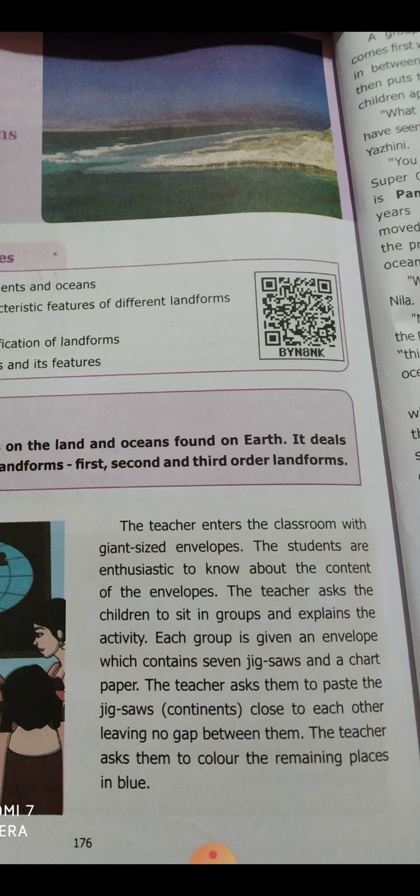The teacher asks them to paste the zigzags, that means continents, close to each other, leaving no gap between them. The teacher asks them to color the remaining places in blue. Understood?